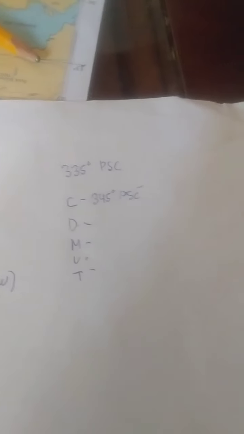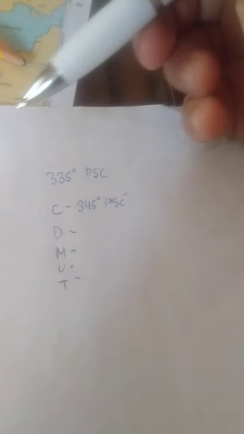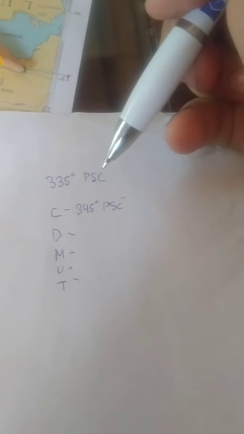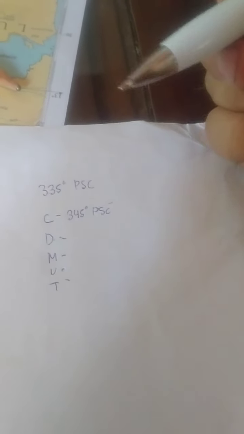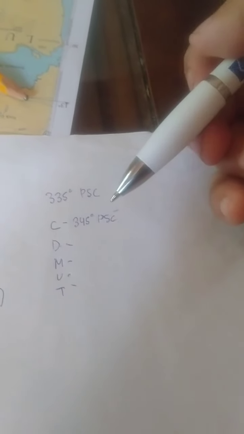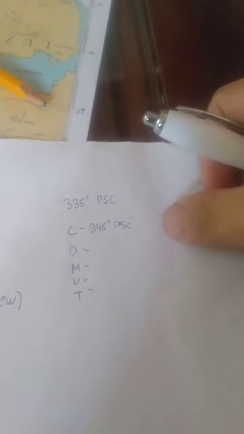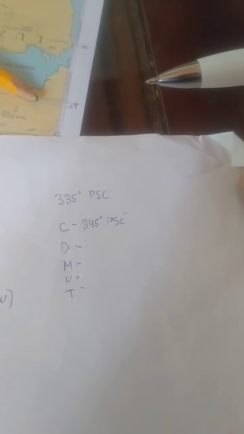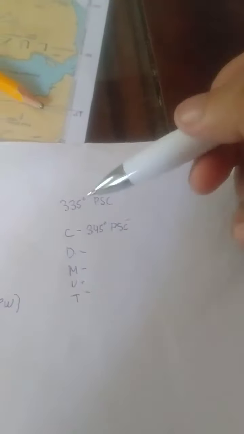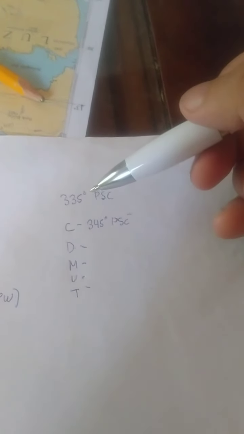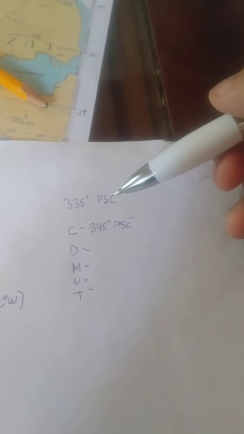The course of the ship is 335 degrees PEC, but the ship observed two objects which bore 345 degrees PEC. Now we are going to find the true course and the true bearing using the compass correction. The compass is 345 degrees, and the deviation is from the 335 degrees ship course.